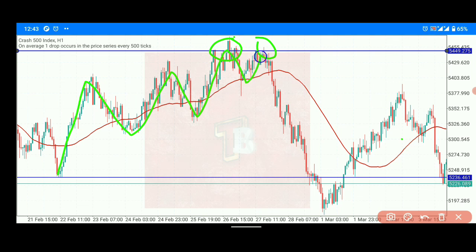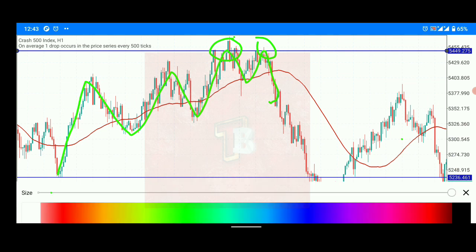It wanted to make another higher high, but it stopped. Then it gave us a lower low around this next zone. So once you see this lower low around the next zone, this place, that's where you enter your trade.